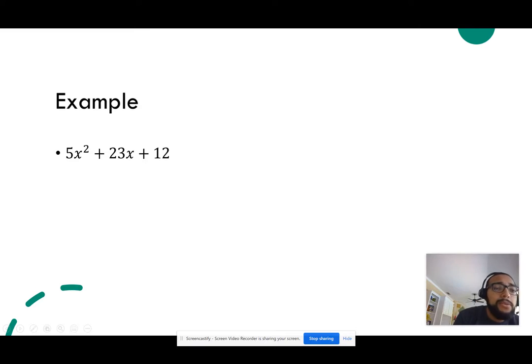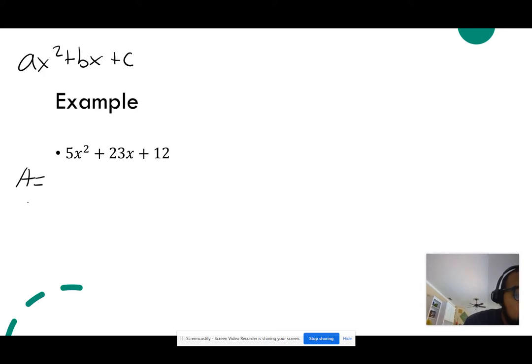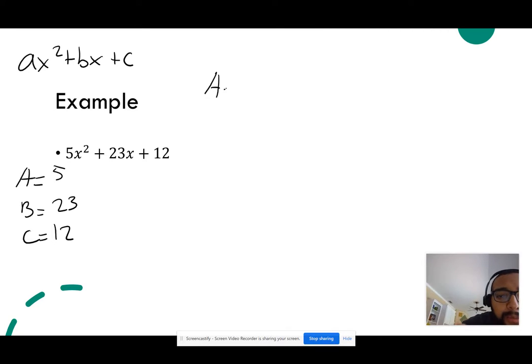Final example. Again, if you're trying this by yourself, if you're taking notes on this, please make sure to try this by yourself by pausing the video. But first step is always to multiply a times c. So a times c in this case is just 5 times 12.